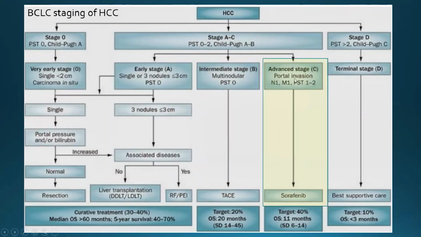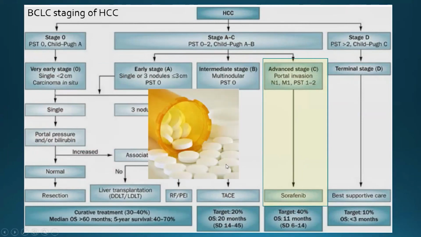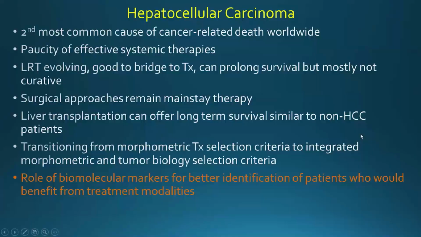If the patient is in advanced stages, then we have to use some of these newer biochemicals or chemotherapeutic agents. And if the tumor is too far advanced, or the patient is Child-Pugh score C and very advanced tumor, we need to support these patients.